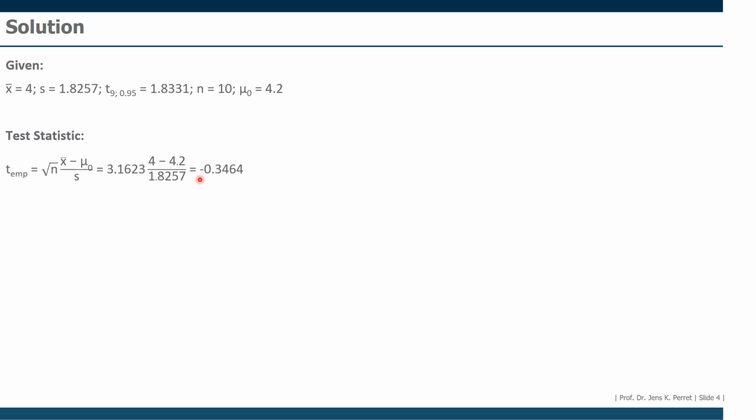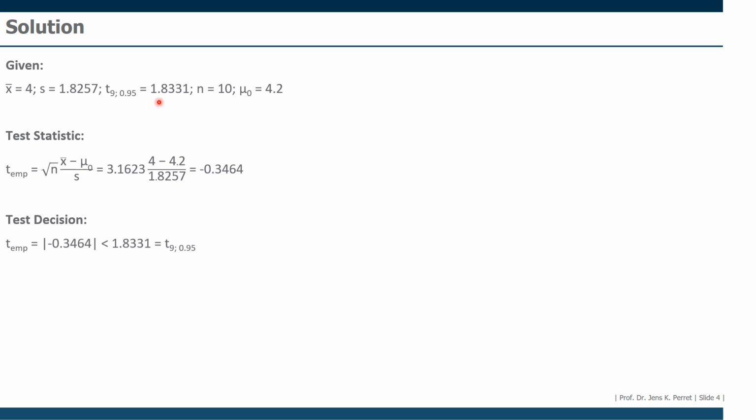In the end, we get a result for the test statistic of minus 0.3464. This might look strange since it's negative, but this doesn't matter, because in the next step we're going to consider only the absolute value. And we take a look at whether this absolute value is smaller or larger than our quantile of the t-distribution.